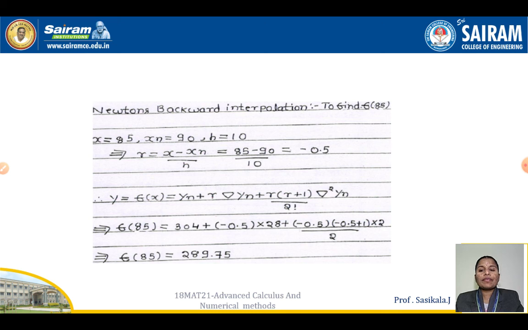Similarly, we will go with Newton's backward interpolation to find f of 85. The r value is x minus xn by h. So x is 85 minus 90, by 10, which is minus 0.5.